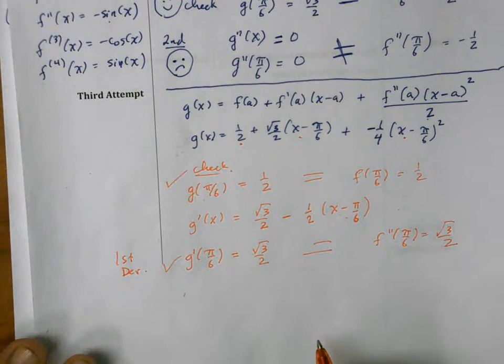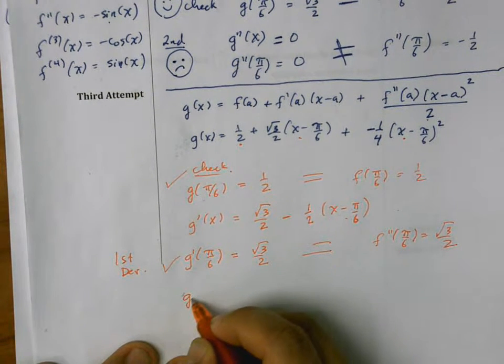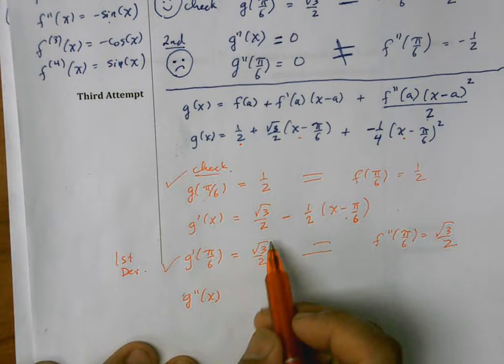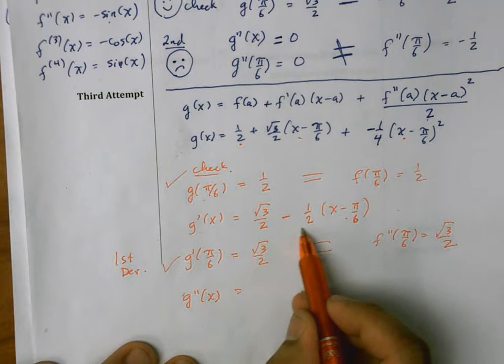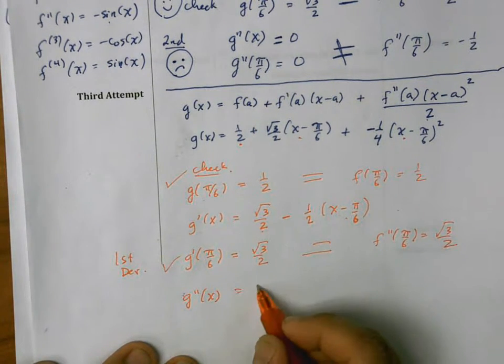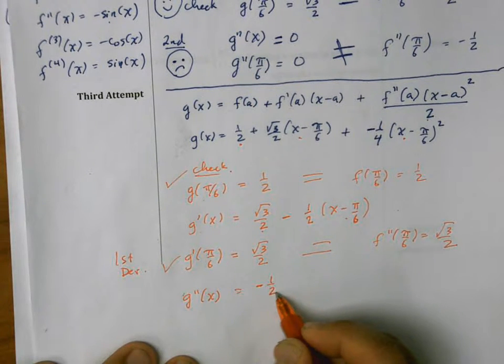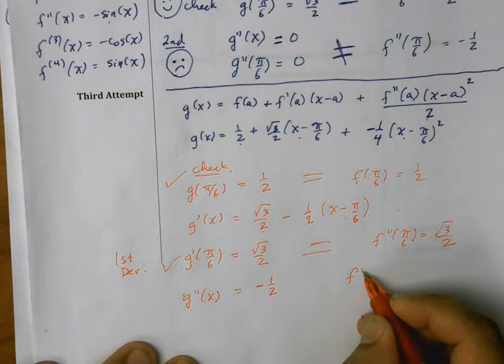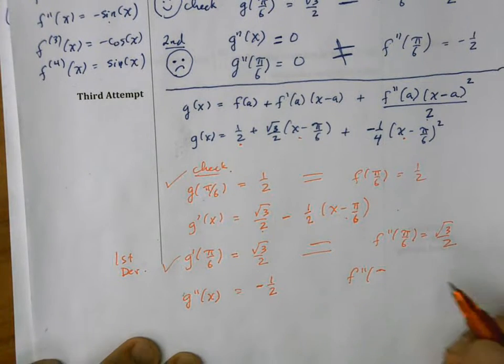And then let's check the second derivative now. g double prime of x is the derivative of this portion right here. That's 0, and this is just negative 1/2.